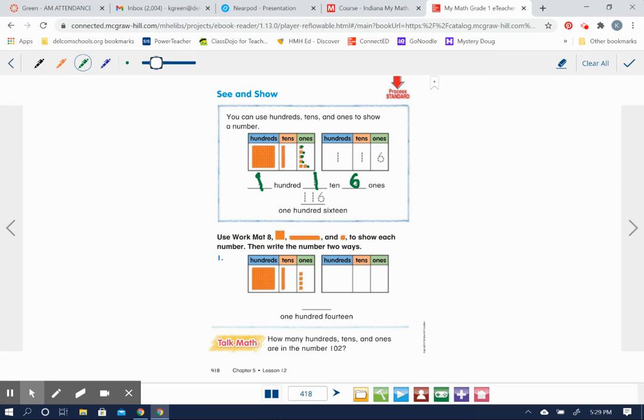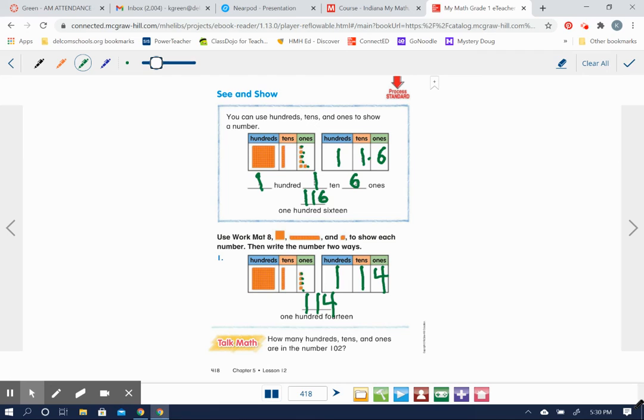So when you put the numbers in the table here, 1 hundred, 1 ten, and 6 ones, then you have this 116. And that's the standard number, 116. So now let's look at number 1 down here. This shows 100, this shows 1 ten and 1, 2, 3, 4 ones, for the standard number of 114.